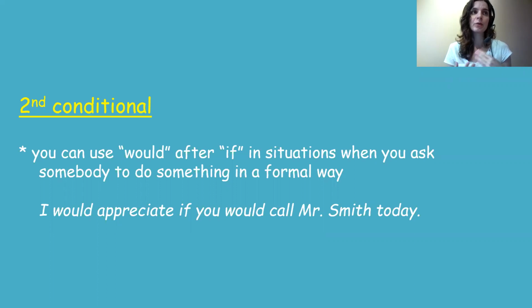Or things where there is a real possibility that it will happen. Whereas the second conditional, we only use it for things we imagine, right? So there is a really low, if not a zero possibility of this thing happening. So just remember that, maybe rewatch the video again so that it really sticks in your memory. And that would be all for today.